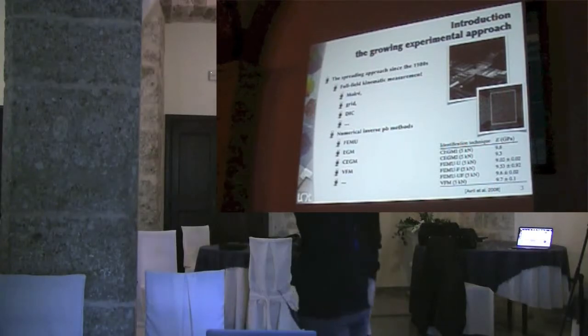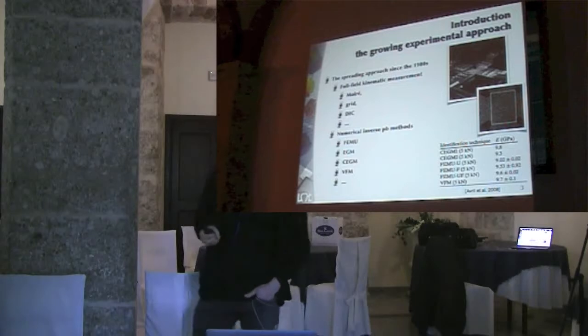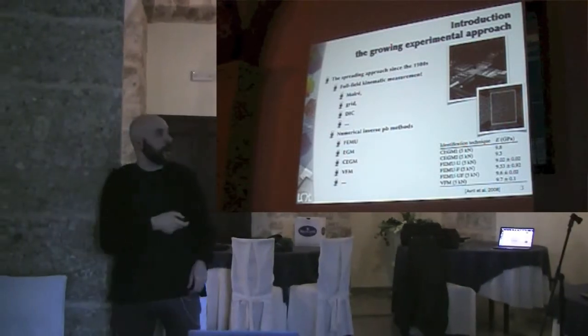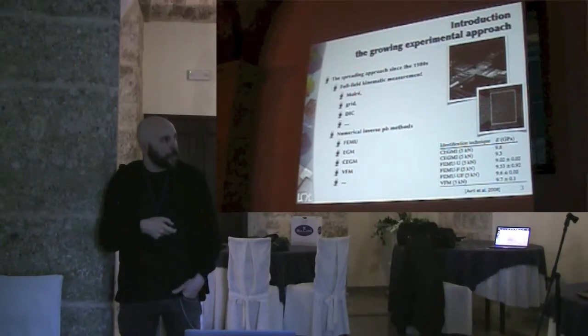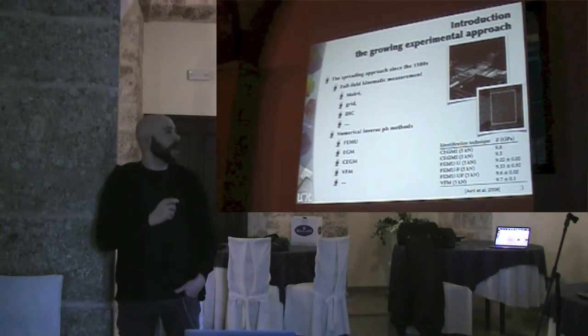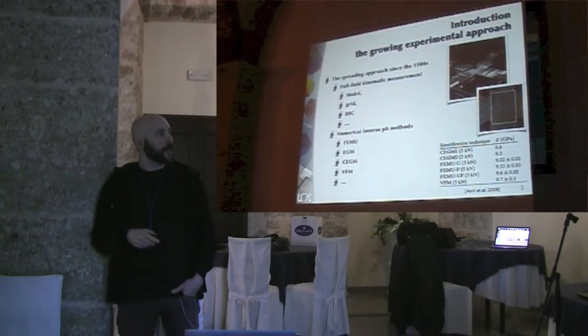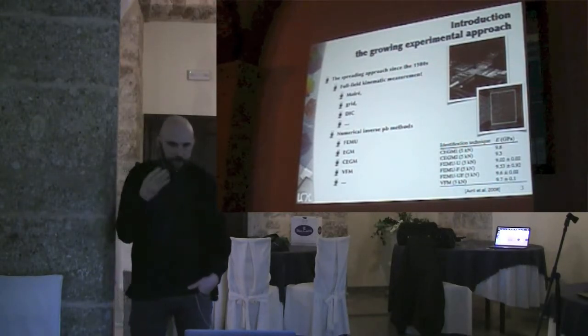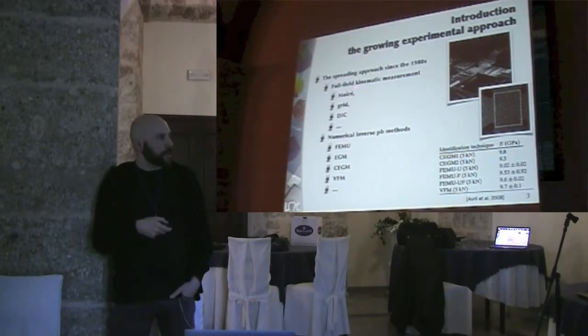So we are currently with a growing experimental approach that is a mix of full field kinematic measurements with numerical inverse problem methods. This started in the early 80s, because at that time you've got several technical and scientific evolution, and different methods for both the measurement and for the numerical inverse problem were proposed.